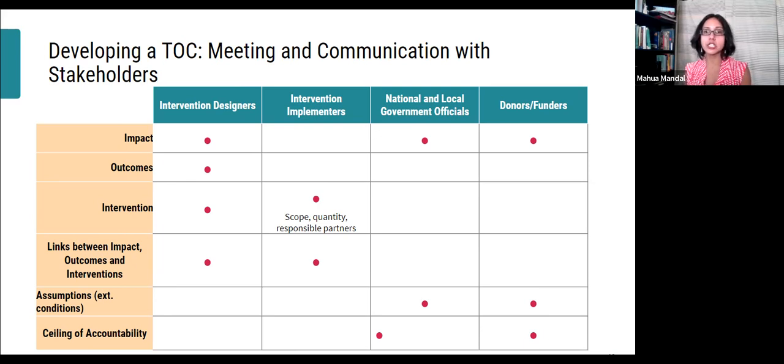And then the national and local government officials and the donors and funders will have information on a broader level. So around the assumptions, which in this case I'm referring to as the external conditions, around the ceiling of accountability, what are you responsible for measuring, and of course around the impacts that they hope to see. Next.